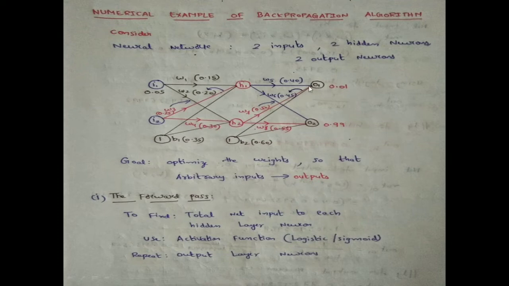So let us now calculate the net input for the output neuron O1. The net input is the output from H1 into the weight W5, plus the output value of H2 into the weight W6, plus the fixed input 1 into the bias value.